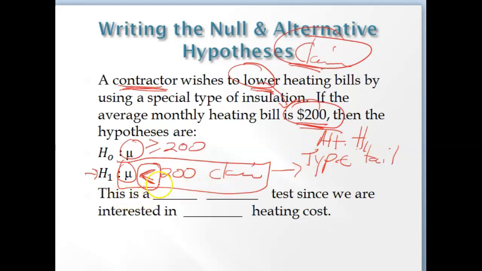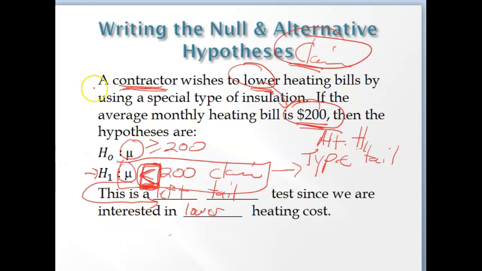And this is a left tail test, which is going to be very important later on when we start actually testing hypotheses. This is a left tail test since we are interested in lowering heating costs. If it reads mu is less than in the alternate hypothesis, then it's going to be a left tail test. If it reads mu is greater than in the alternate hypothesis, it's going to be a right tail test.